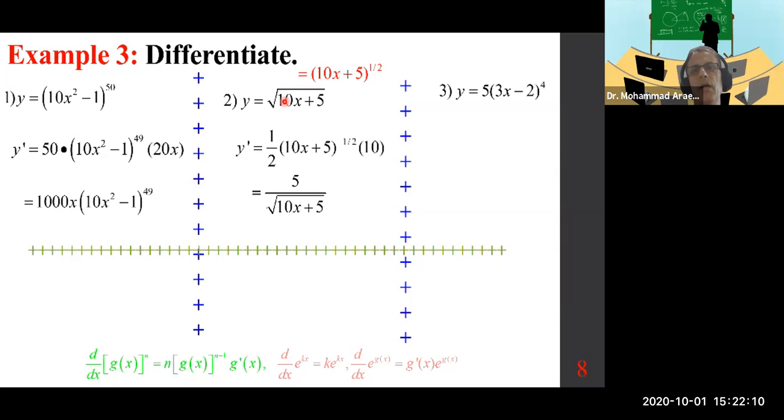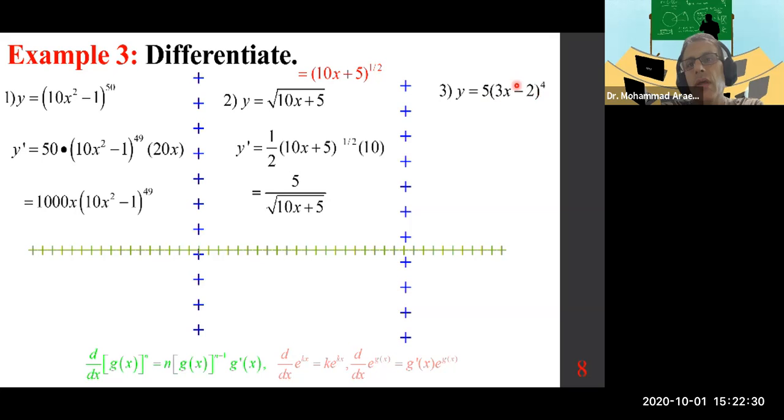All right. What about this one? Number 5 is a multiplier, and it's going to keep on being a multiplier. Nothing changes. So y prime, 5 remains. It doesn't go away. Okay. Now deal with this. Now this is a simple case of a power rule.